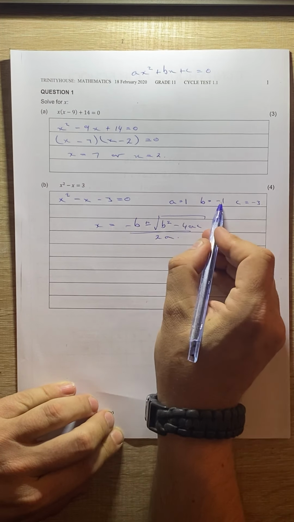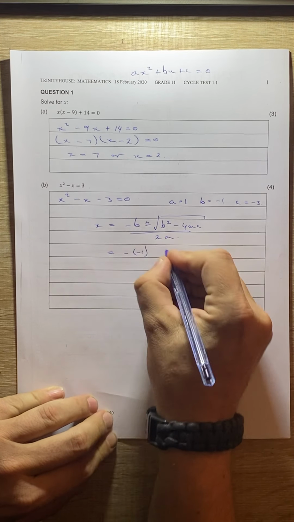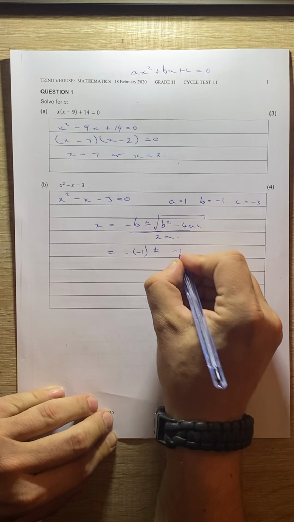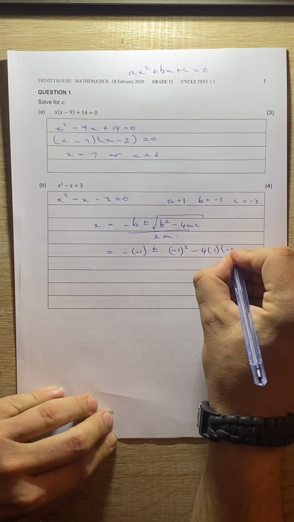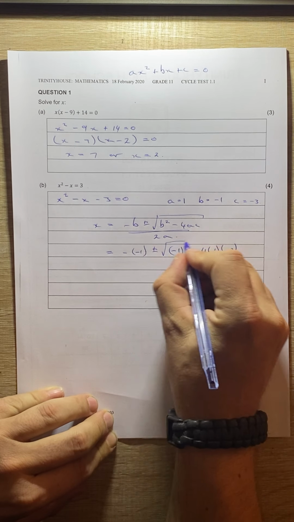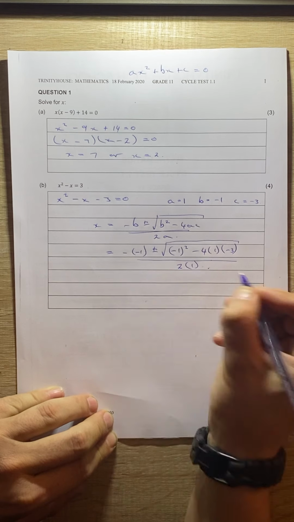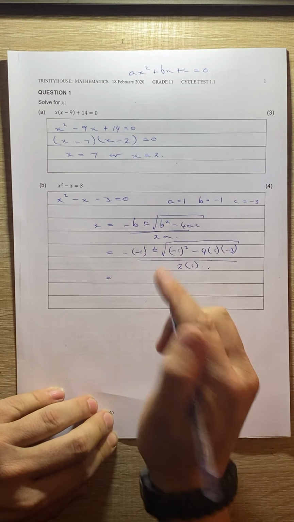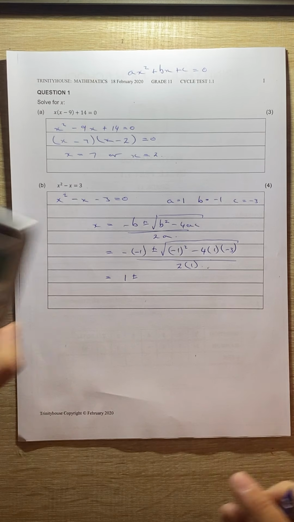I'm just going to substitute all these values in here, and we get minus (minus 1) plus or minus the square root of (minus 1) squared minus 4ac, all over 2a. So what I'm going to do is just simplify this, so that will give me 1 plus or minus, which you can just do on the calculator.